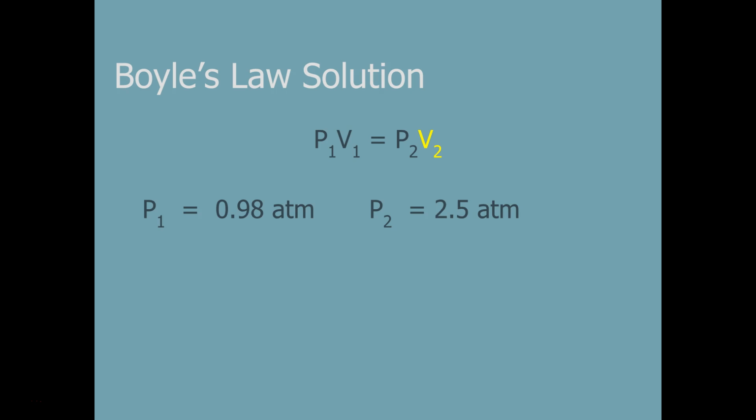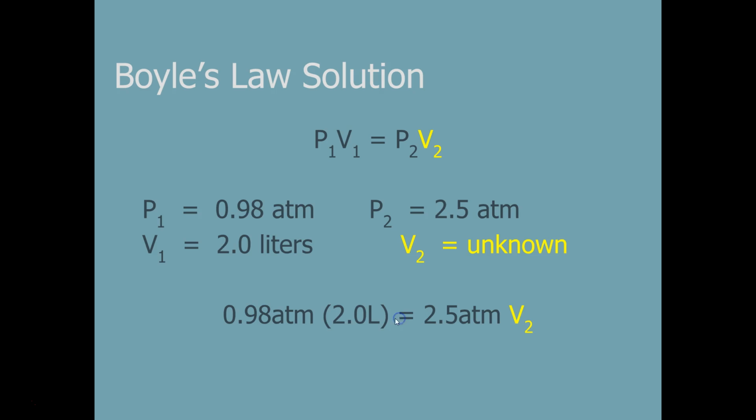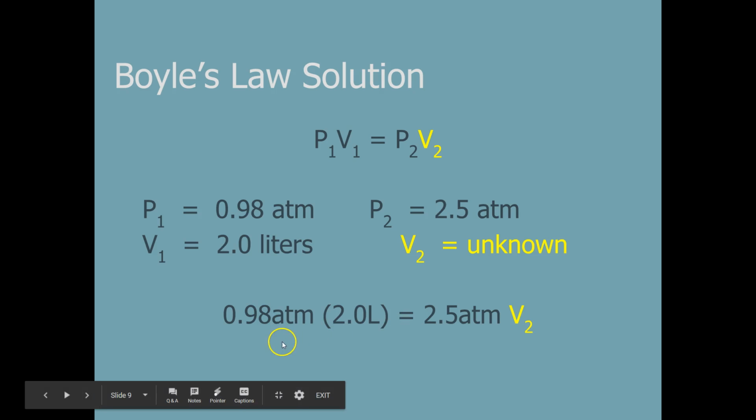So again, go through and define your variables. P1 is 0.98, P2 is 2.5 atmospheres, and the initial volume was 2. So what is my volume afterwards, after we expose the balloon to a higher pressure? We plug our numbers into our equation.